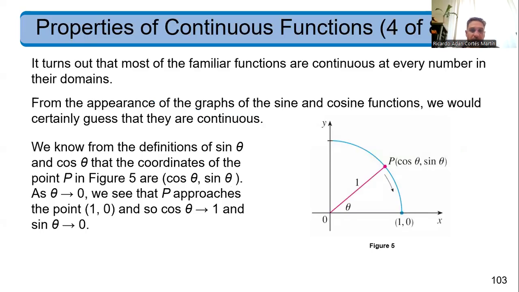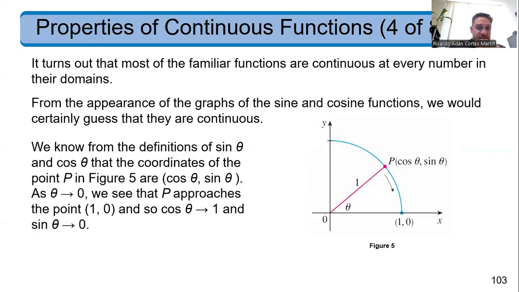So a lot of functions are continuous. The ones that we use and love the most. For example, sines or cosines are continuous. But for example, the tangent, is it continuous everywhere?